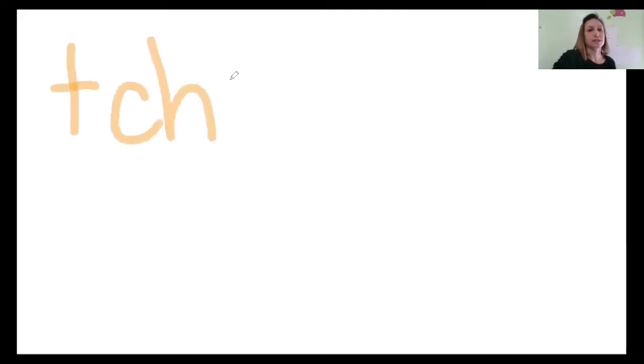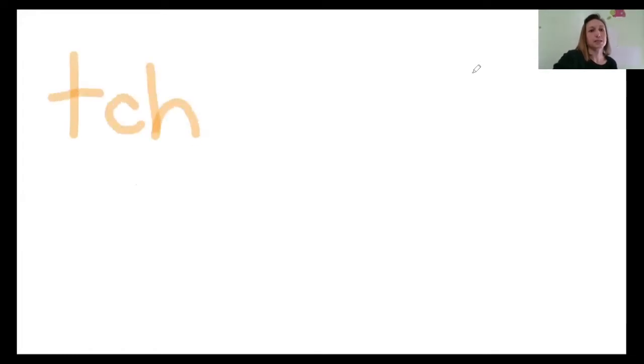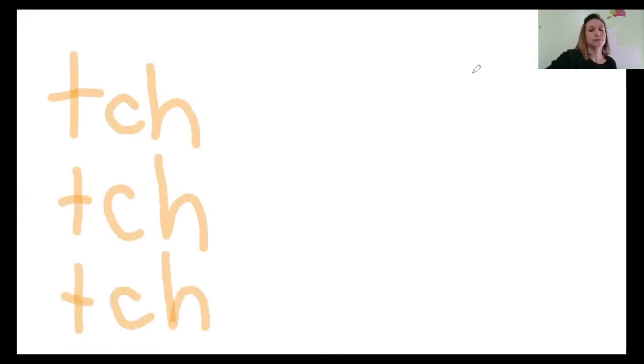So let me get my whiteboard up here. And you will need a piece of paper and a pencil. And what I would like you to do is go ahead and write TCH on there. Write TCH 3 times so that we are ready.